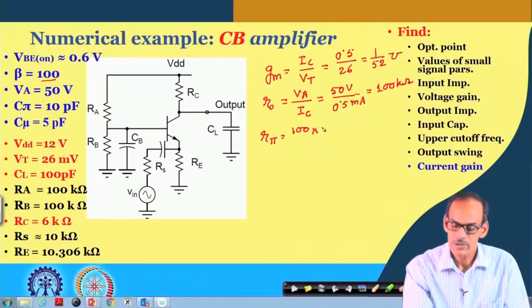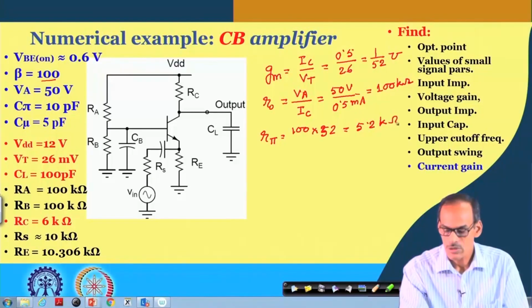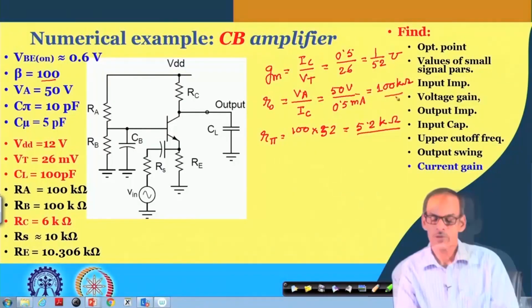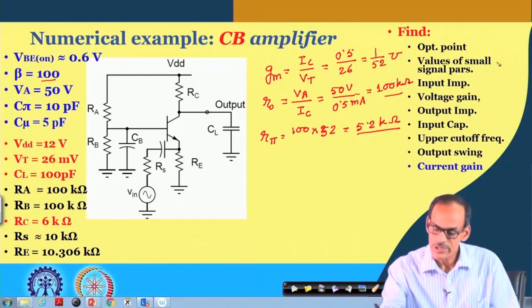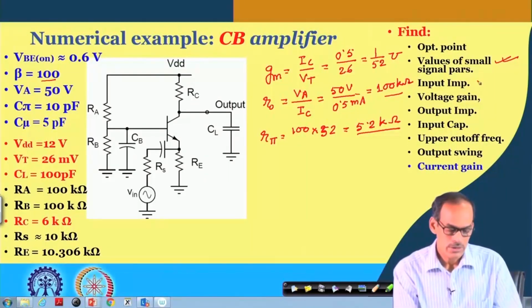So, that is 100 times 52, which is 5.2 kilo ohms.